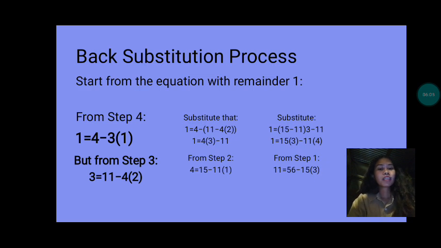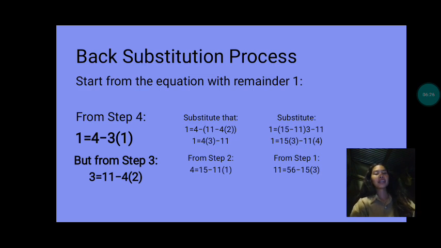So 1 is equal to 4 minus (11 minus 4 times 2), and then it becomes 1 is equal to 4 times 3 minus 11.